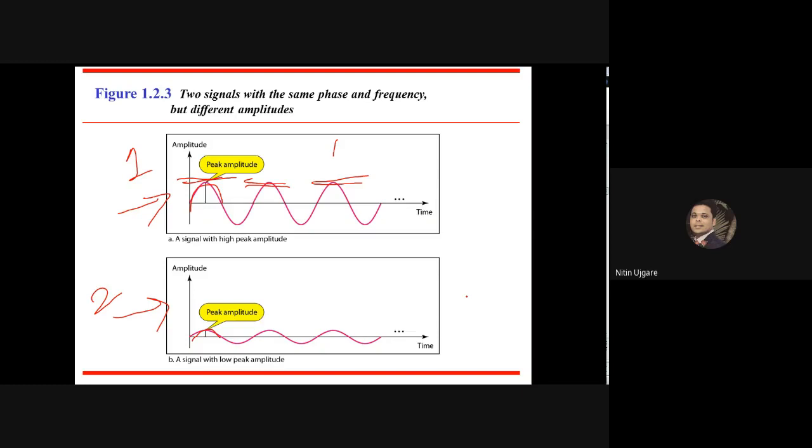So this is my one cycle. Whatever time the signal takes to complete this one cycle will be referred to as a period. In contrast to this, the frequency is the number of periods that the signal completes in 1 second.